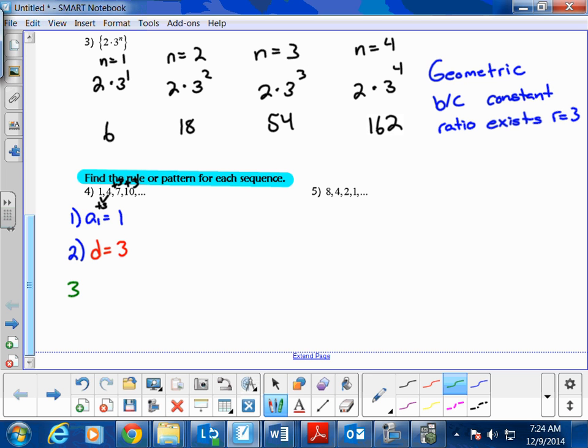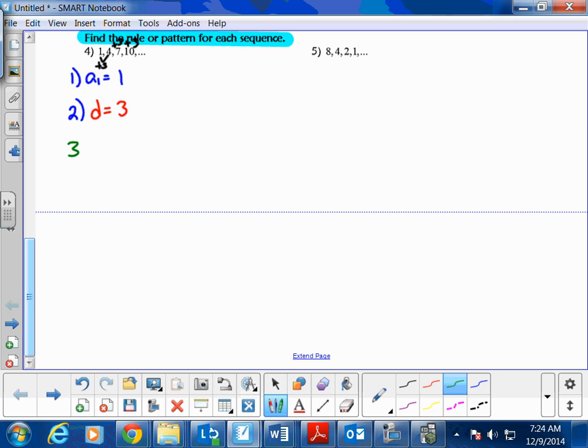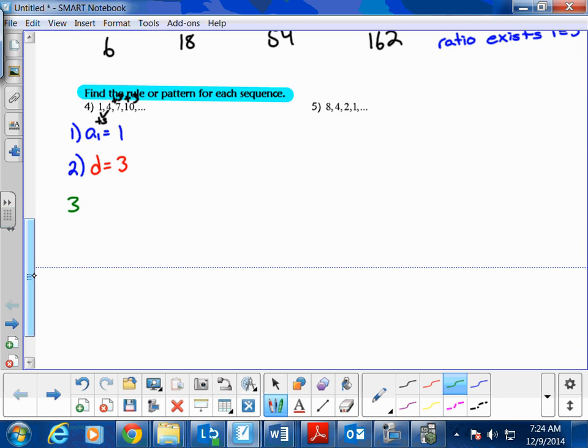Step 3 is to apply the arithmetic equation, a sub n, which is also found on the white sheet that I gave you, the one with the 4 cards. You're going to be able to use that on the exam. The equation is a sub 1 plus n minus 1 times d, and from here it's just a substitution.